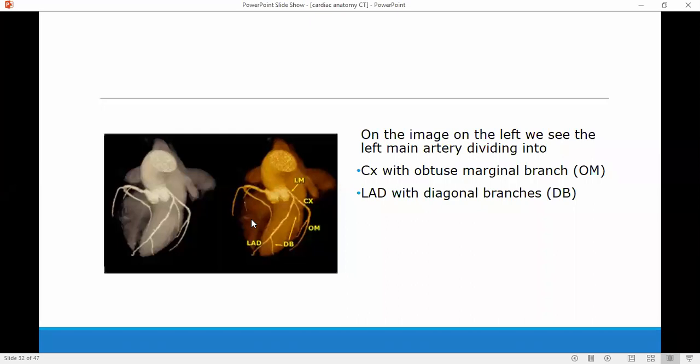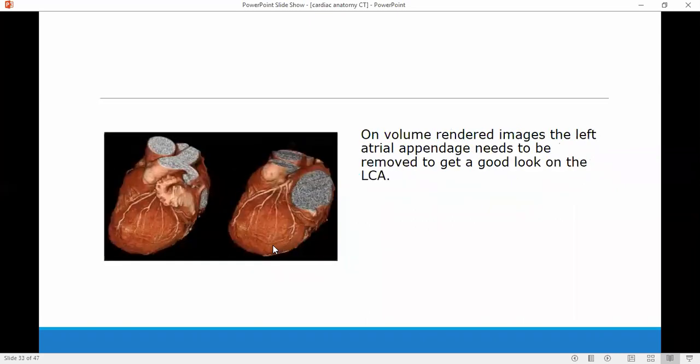On the image on the left, we see the left main artery dividing into circumflex with obtuse marginal branch, LAD with diagonal branches. On volume rendered images, the left atrial appendage needs to be removed to get a good look at the LCA. We mentioned before.